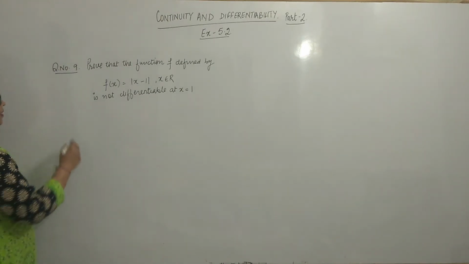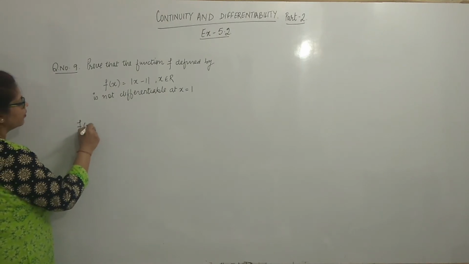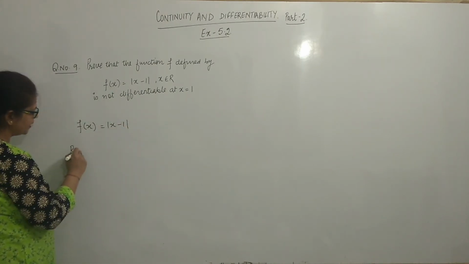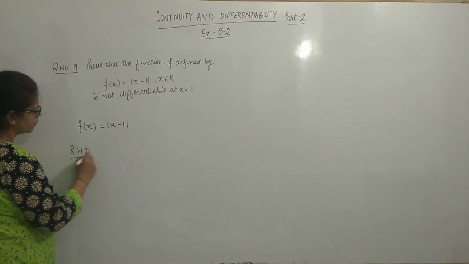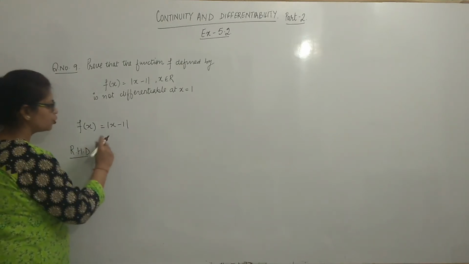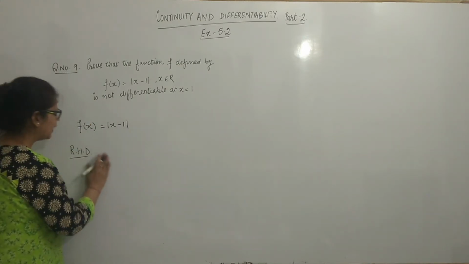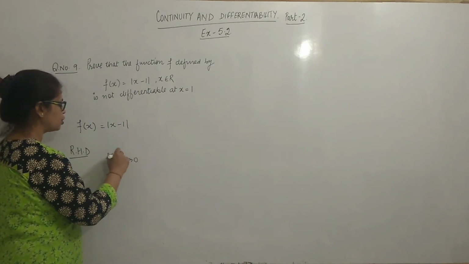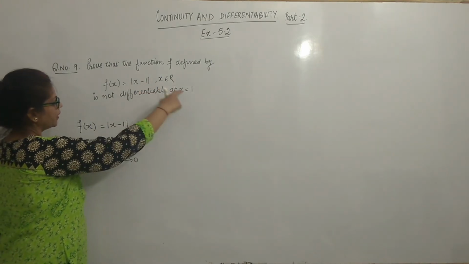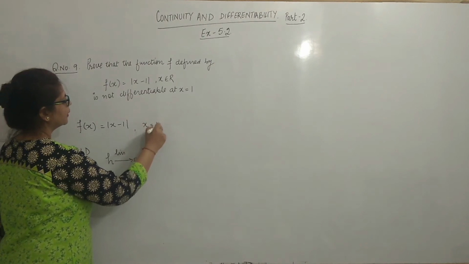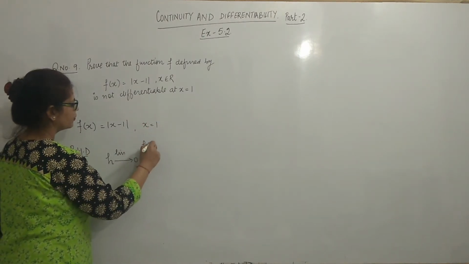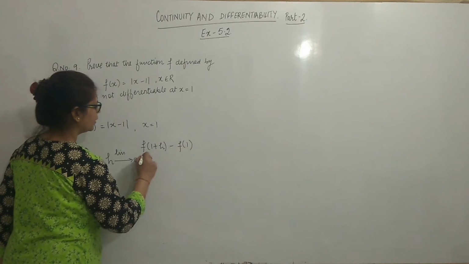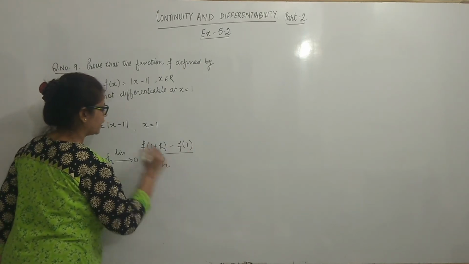Now, the right hand derivative is, first write the function. Now, the right hand derivative is x approaches to 1 plus. Let us write directly. The right hand derivative is h approaches to 0, point is x is equal to 1, right? f of 1 plus h minus f of 1 divided by h.